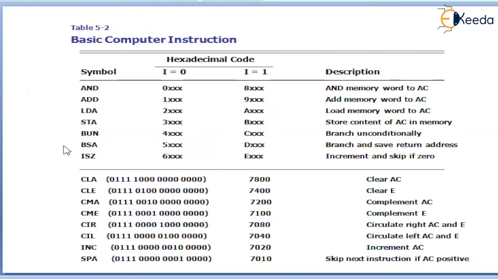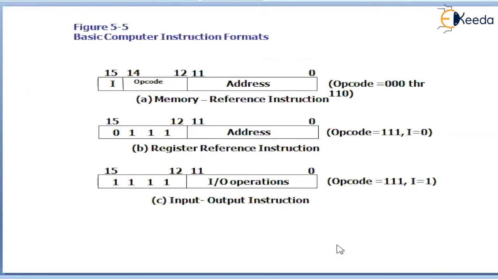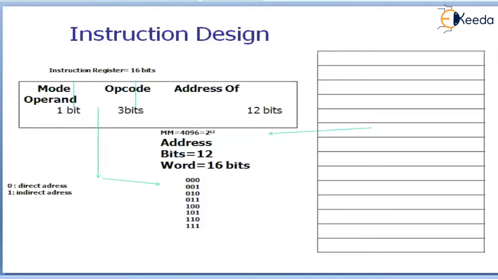Let us see how the memory reference instructions are going to be designed. You can clearly see these opcodes. The total number of possible opcodes is 8: 000, 001, 010, 011, 100, 101, 110, 111.